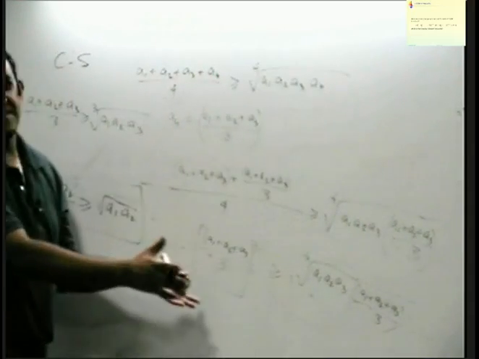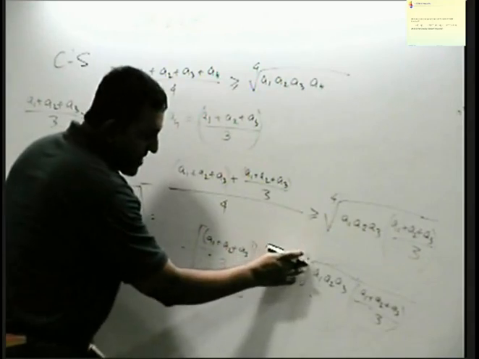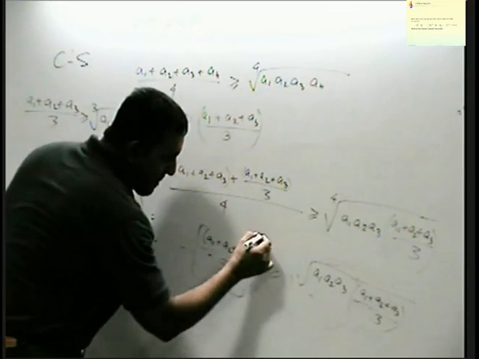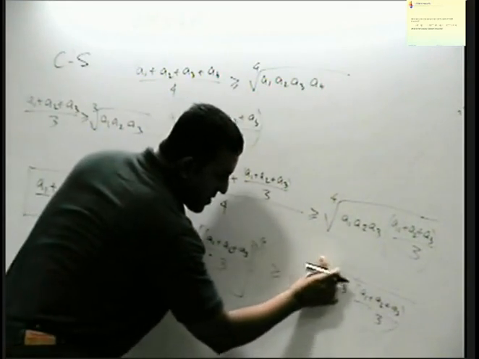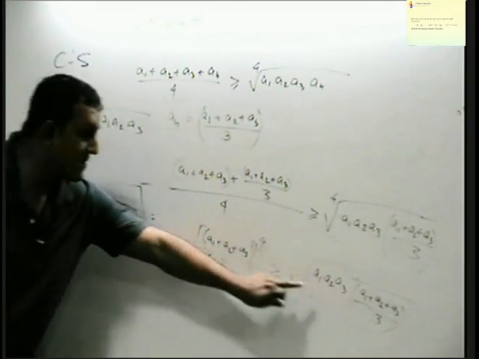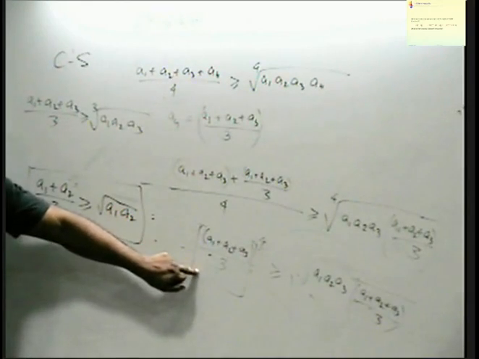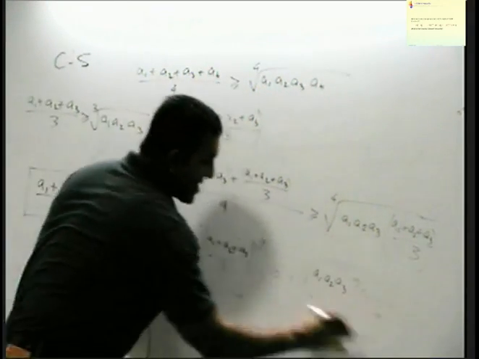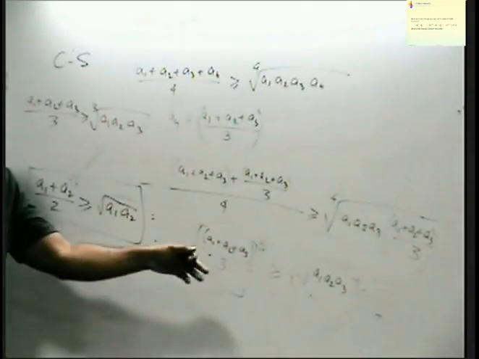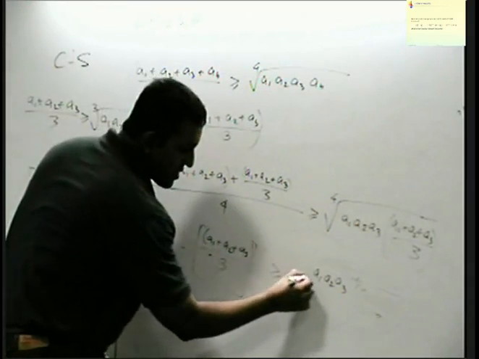And now I want to simplify this expression by taking both sides to the 4th power. So to the power 4, this goes away. And you see one extra term here which can cancel with one of the terms here. So then you make this vanish, place a 3 here, and now to get it in the form of AMGM, you take the cube root.